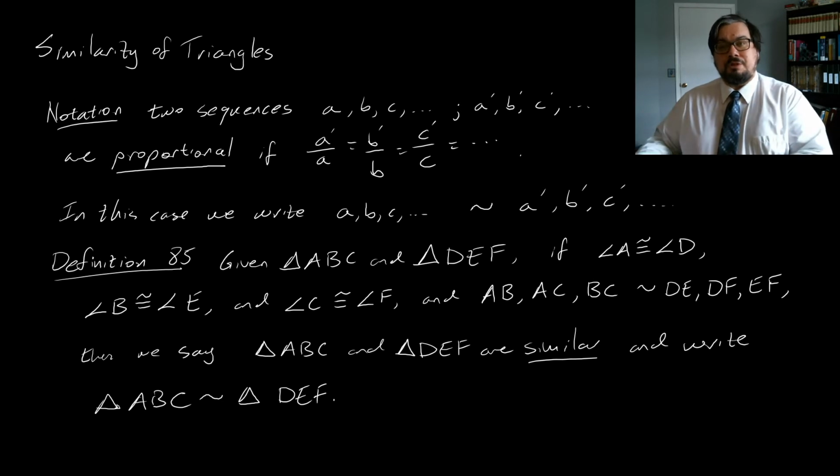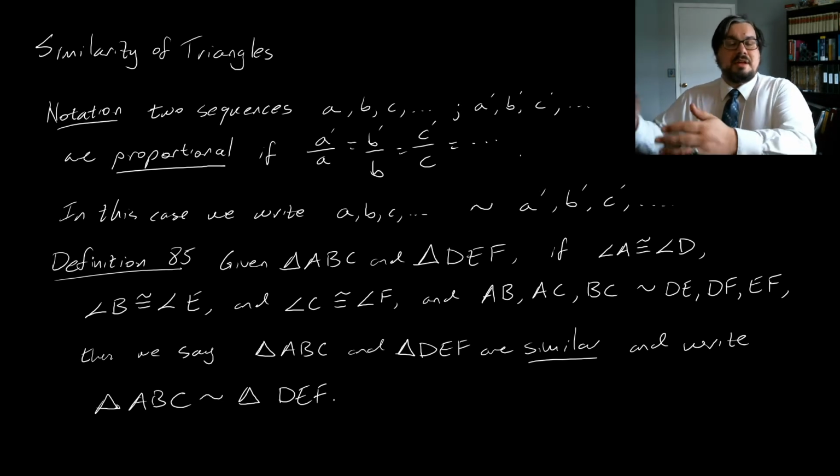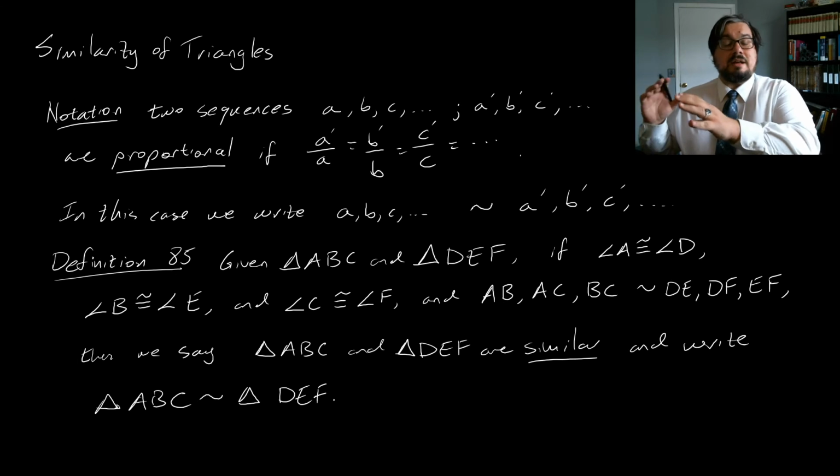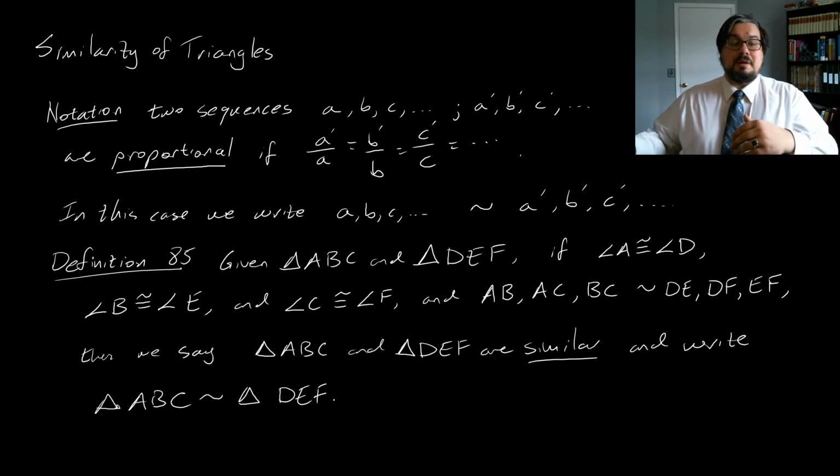Therefore, by definition 35, these side lengths are proportional to one another. Instead of having to say, these triangles are similar to each other, therefore, by this theorem, the side lengths are proportional to one another.